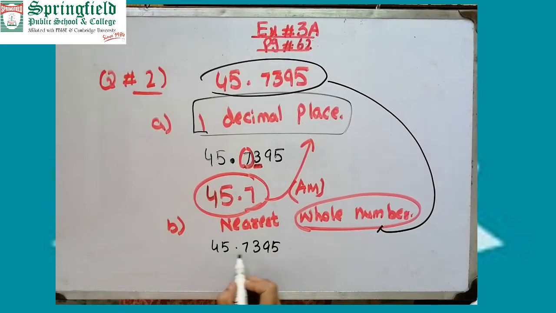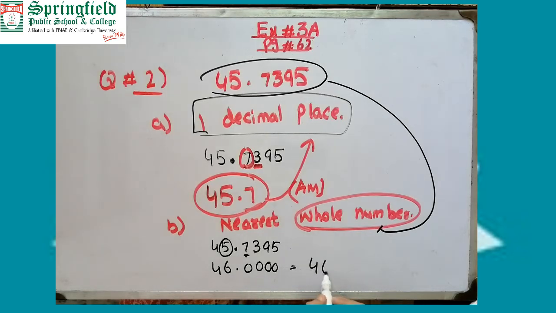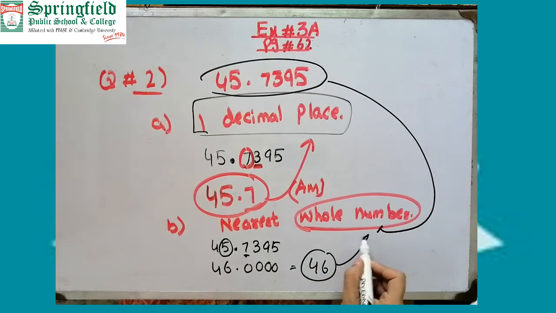So in this type of situation we will see the first digit after the point, and before the point digit will circle, and after the point the first digit is 7 and 7 is greater than 5, so it means 1 will add into the circle label and it will become 46 point, and then after the circle all the numbers will become 0, and 46.000 it means 46, and 46 is a whole number, and this is your final answer.